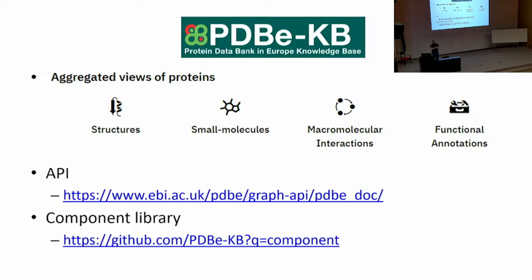You want to look at that specific protein and see how it changes when it's interacting with different ligands. And for this, Protein Data Bank Europe is quite good. There you get the aggregated view of proteins and all of their structures, these days also of the structures within AlphaFold and SWISS-MODEL. You get the information about small molecules, and you get the information about macromolecular interactions.